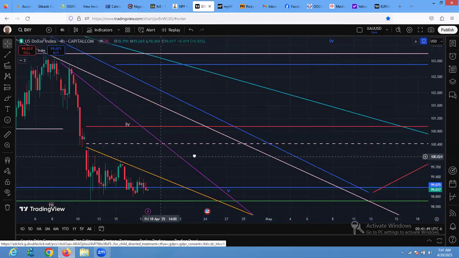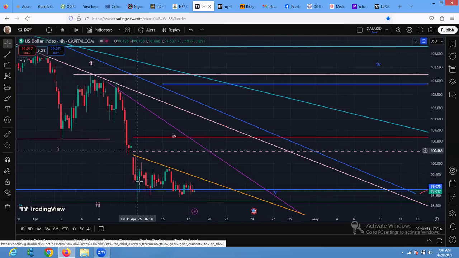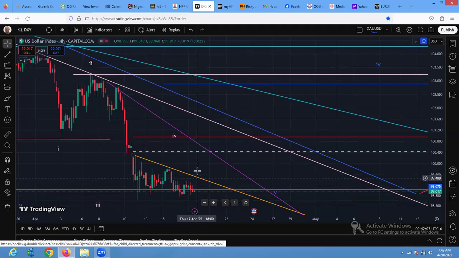Once we break out, this may just be the 1, 2, the second wave. This may be the third wave to the downside, which may break the 4th and the 5th. I think we need to still come down a bit. A break to the upside of this particular trend resistance will mean that we are going for the blue 4th wave, which will still go a bit deep. So that is what we are saying.